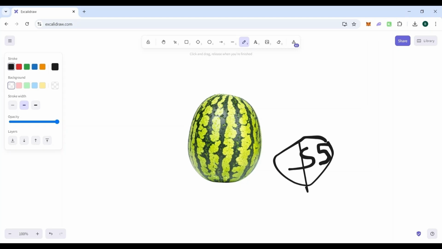So what do you do? You tell the vendor, hey, I'll buy a watermelon, but only if it is $5 or less. That's basically what a limit order is in trading.